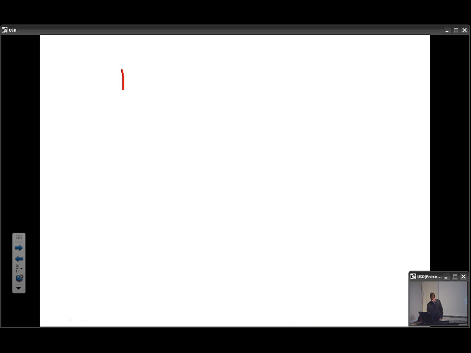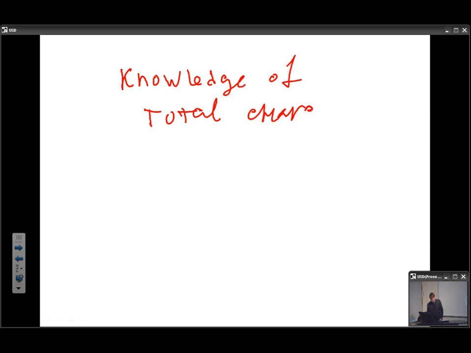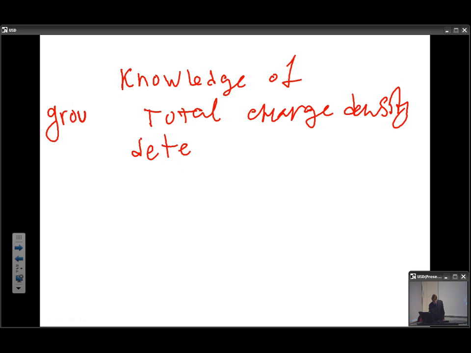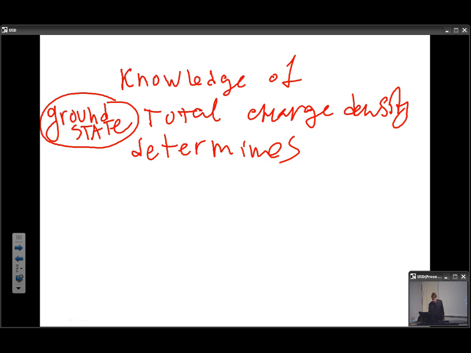And we can say that knowledge of total charge density, ground state charge density, determines one branch of observable.